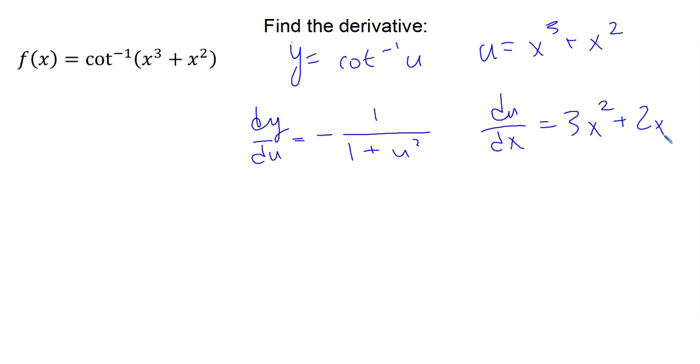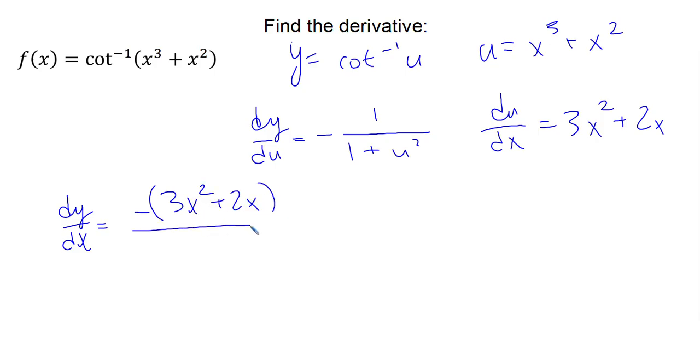And so we'll go in and multiply these together, getting dy dx is equal to negative 3x squared plus 2x divided by 1 plus our u of x cubed plus x squared squared.